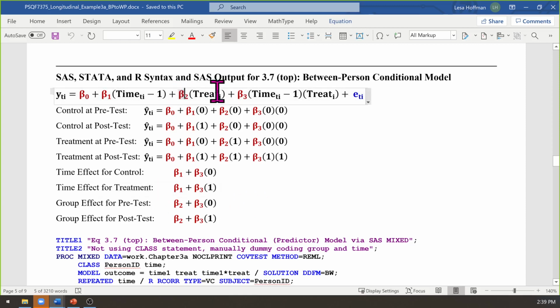Likewise, that beta 2 right there is how treatment differs from control. But given the interaction term, it's how treatment differs from control at pretest. The interaction then talks about how treatment differs from control differently at posttest.